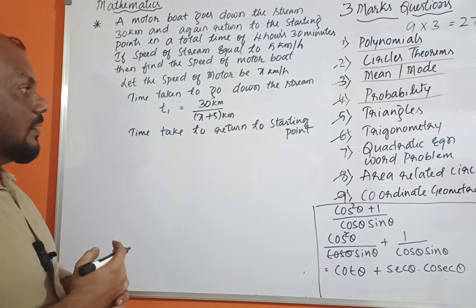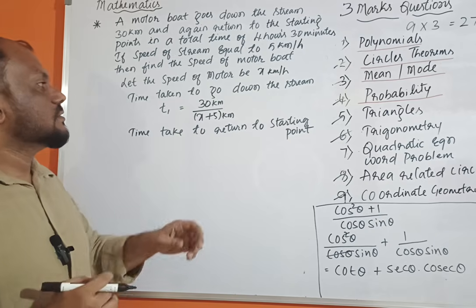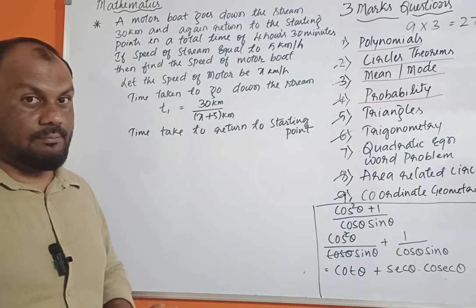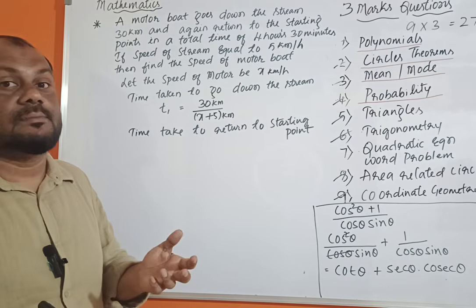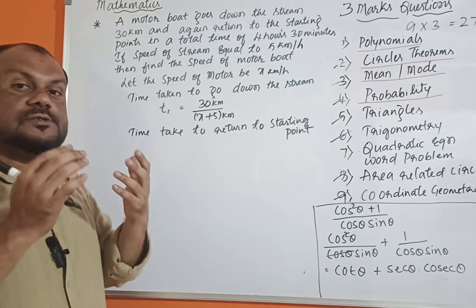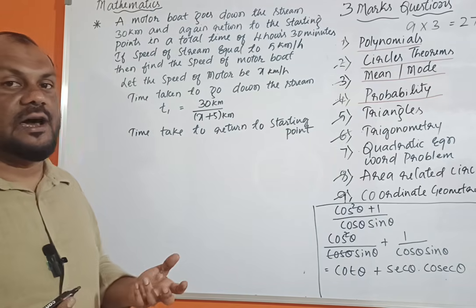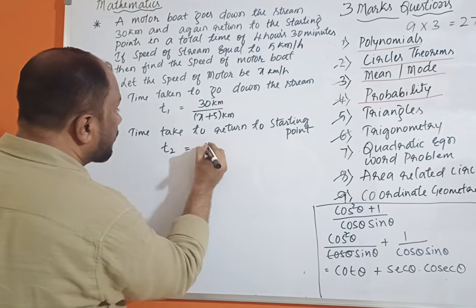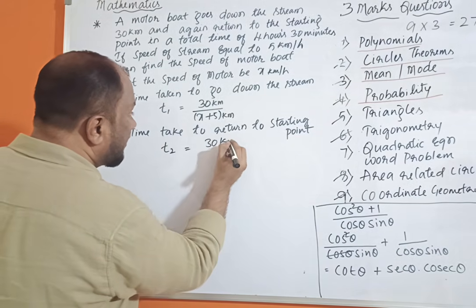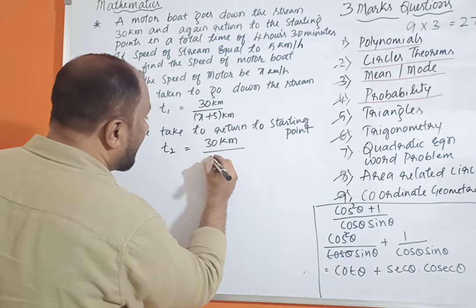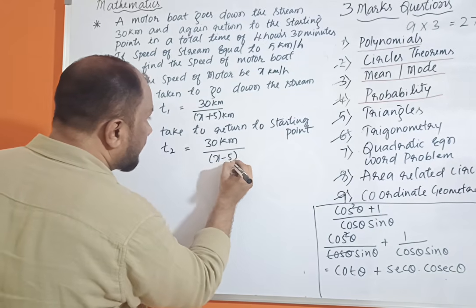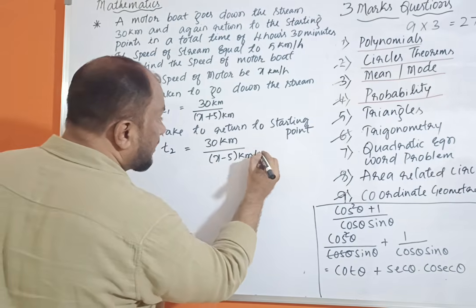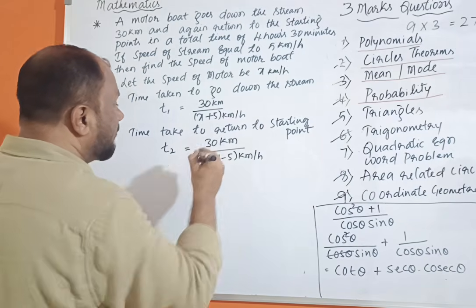So while returning back, when it comes upstream, no, so speed of motor minus speed of stream. So T2 is equal to, time 2 is equal to the same 30 kilometers divided by x minus 5 kilometers per hour speed.